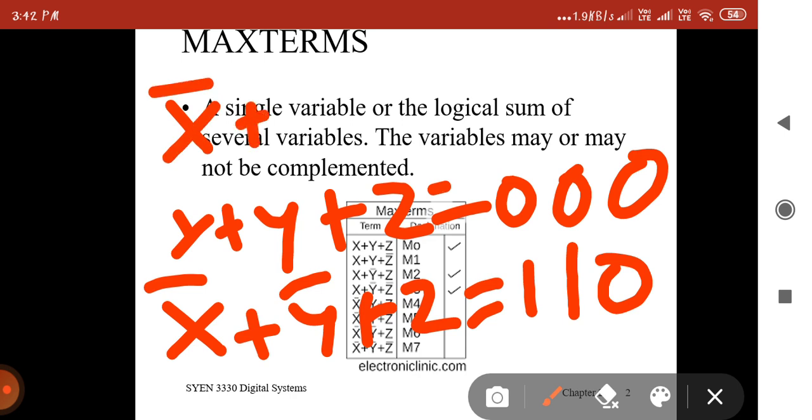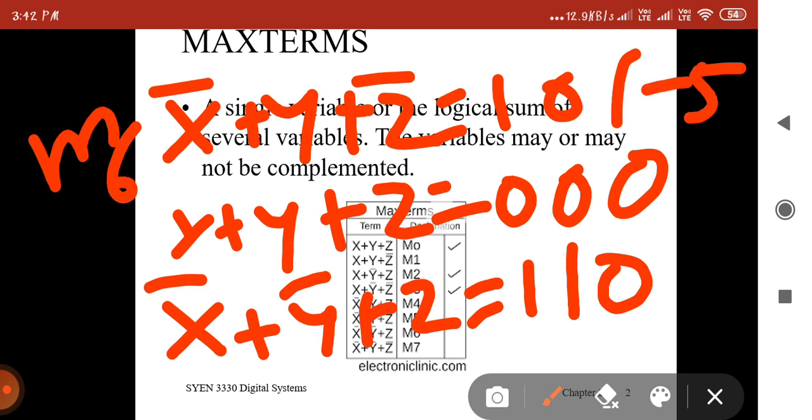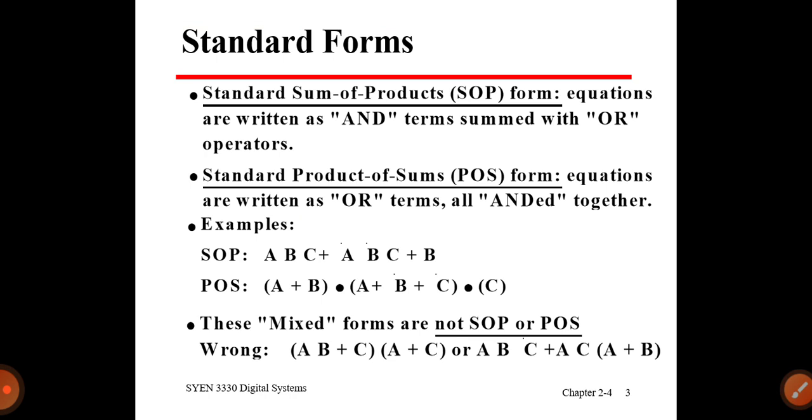X bar plus y plus z bar equals to 1 0 1. It is a 5, means M6. This is 2 raised to 2, 2 raised to 4, 6. 6 is a M7 term. Yes, can we write it like that in the max term? Which is a max term, which is a min term, we have to use that one.